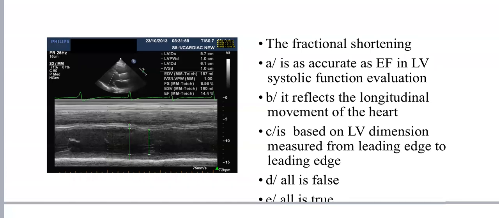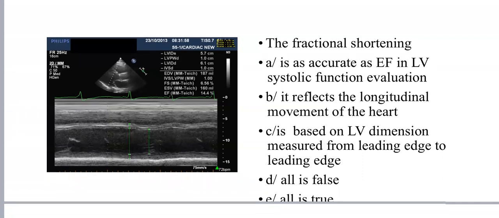Okay, so this single dimension analysis is not compatible with the LV systolic function evaluation, because the LV systolic function can be regional, not always global, and it's more commonly regional than global.